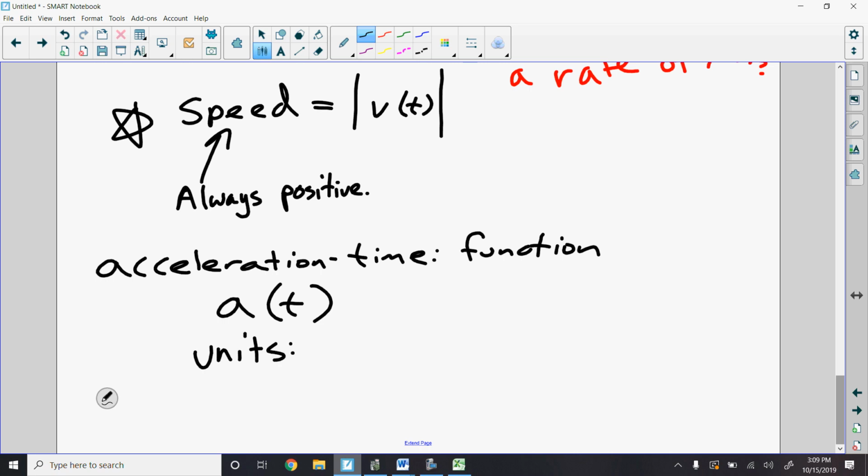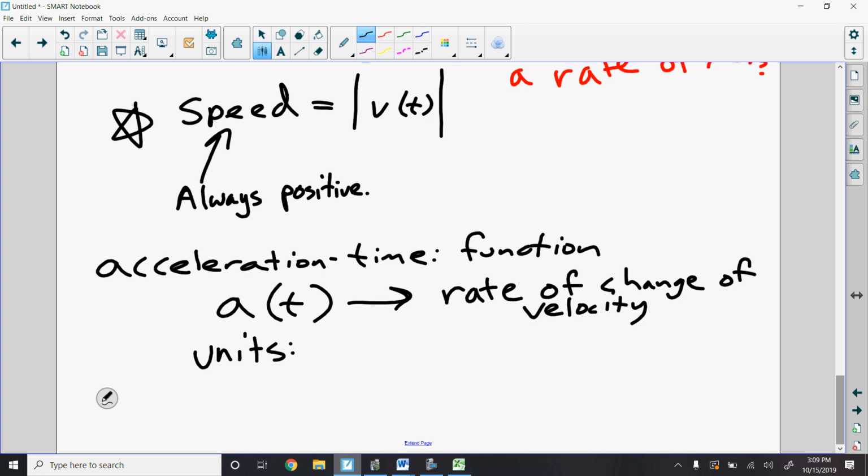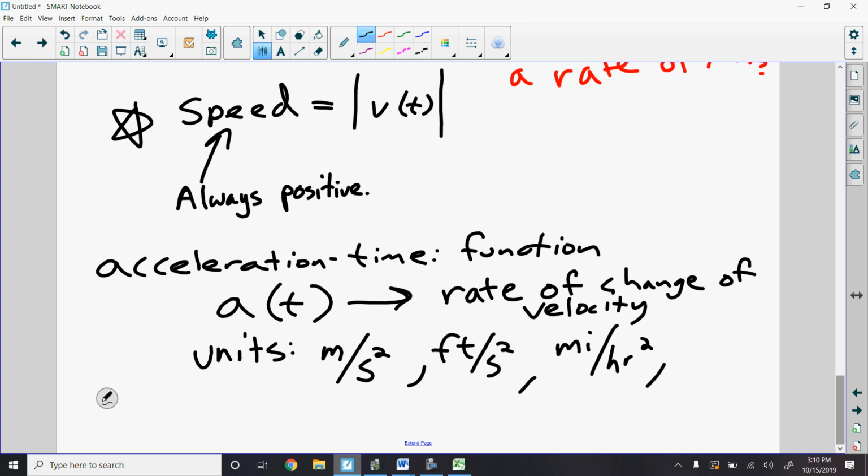Acceleration is the rate of change of velocity. Therefore, our units are going to be a distance unit divided by a time unit squared. So it could be meters per second squared, feet per second squared, miles per hour squared, etc. So that's our acceleration time.